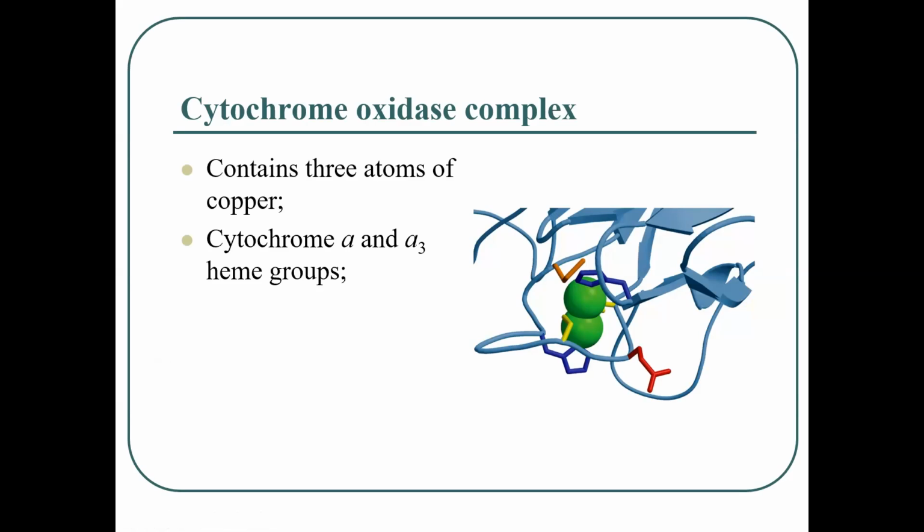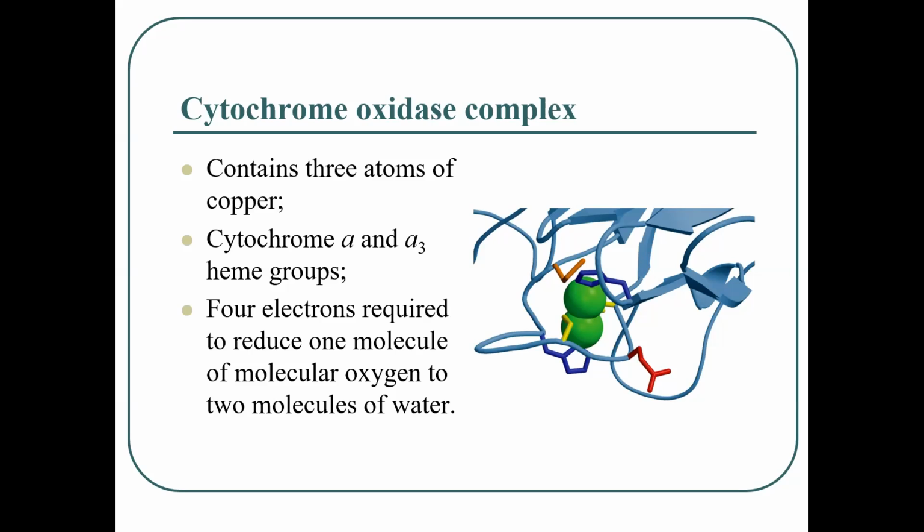So the copper atoms with your cytochromes A and A3, it takes 4 electrons to reduce 1 molecule of oxygen to 2 molecules of water.